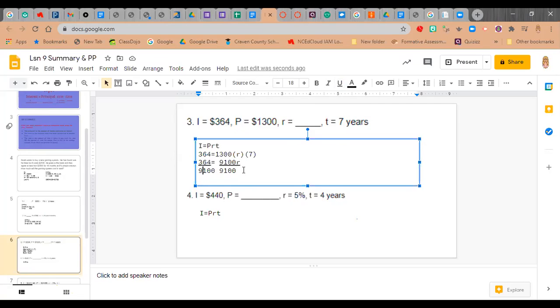So what do I have over here on the left-hand side? What is 364 divided by 9,100? 0.04. Okay. And that's what our R is. Now, rate is always what?